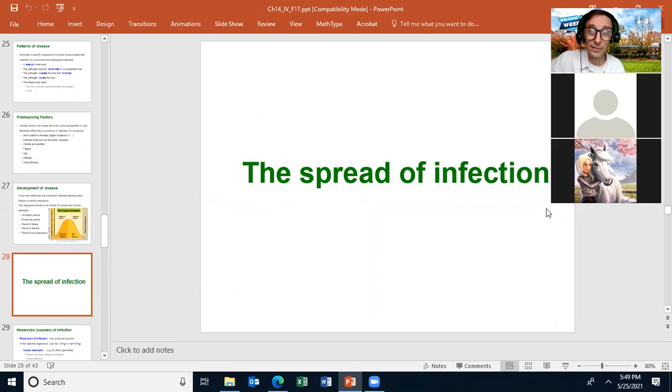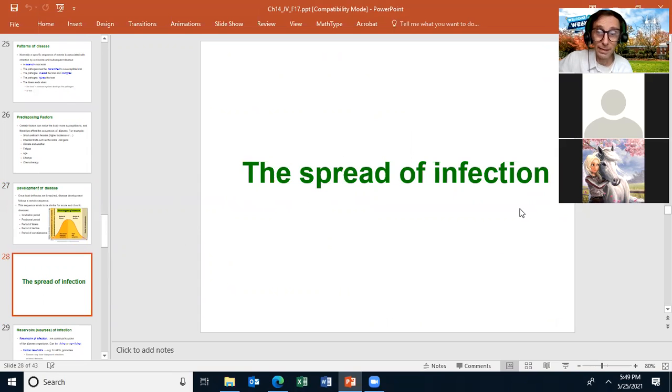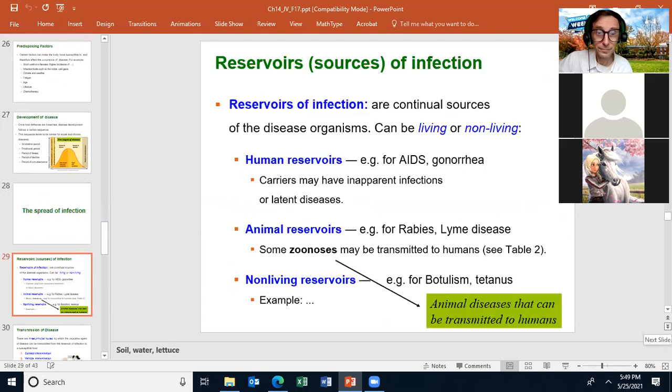Let's move on, if there's no questions, to the spread of an infection. Disease has to come from a reservoir, a source of the infection. Reservoirs of infection are continual sources of the disease organism. Reservoirs can be living or non-living, depending on the disease. Obviously, some reservoirs have to be living.